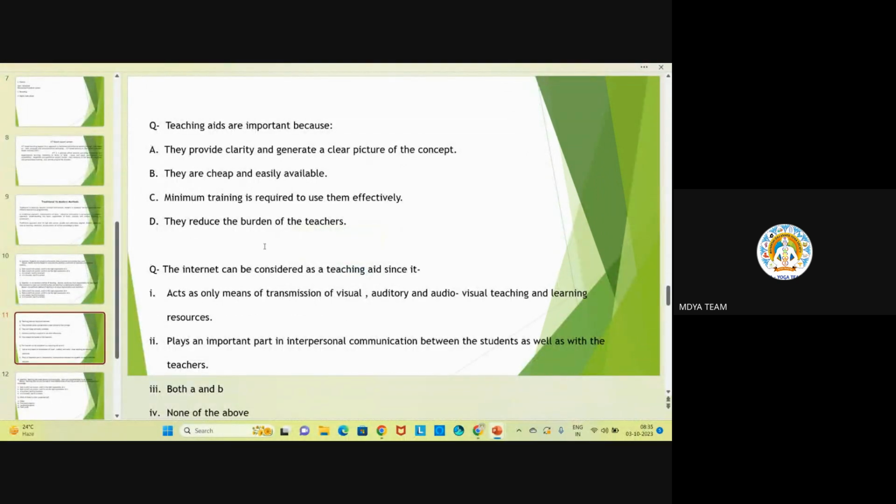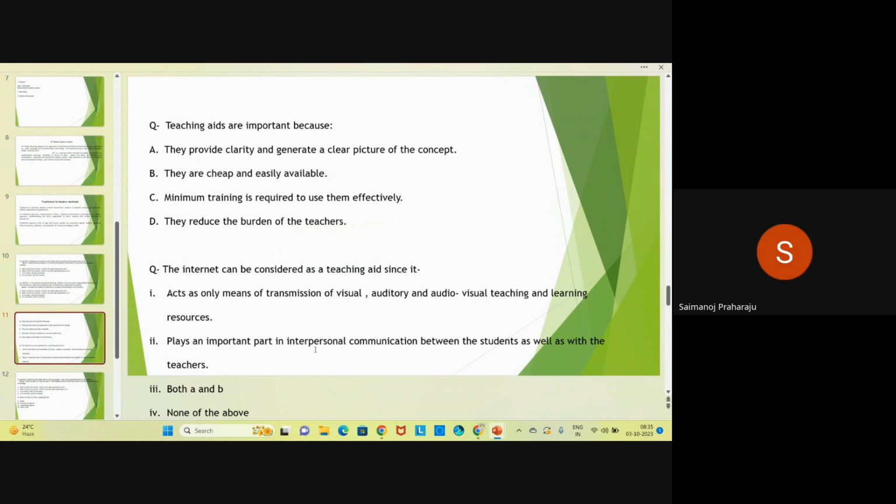Now look at this question. The internet can be considered as a teaching aid since it acts as the only means of transmission of visual, auditory, and audio-visual teaching and learning resources. It plays an important part in interpersonal communication between the students as well as with the teachers.